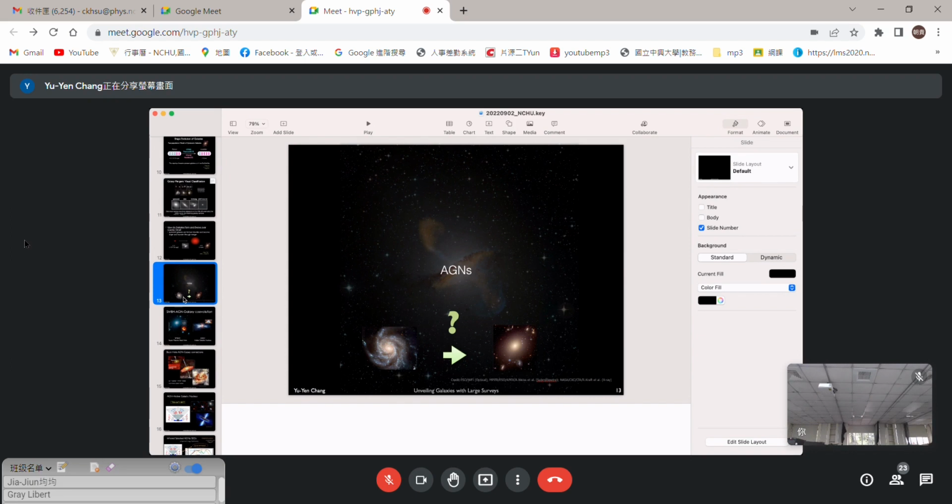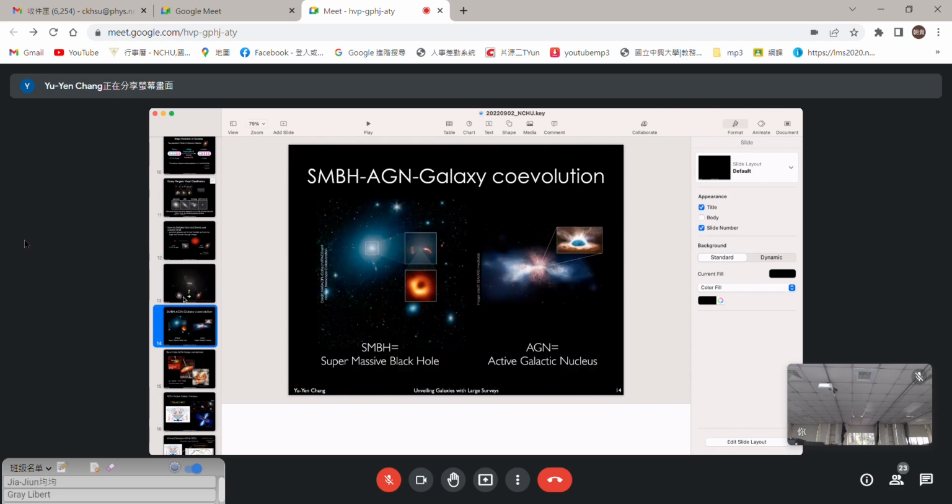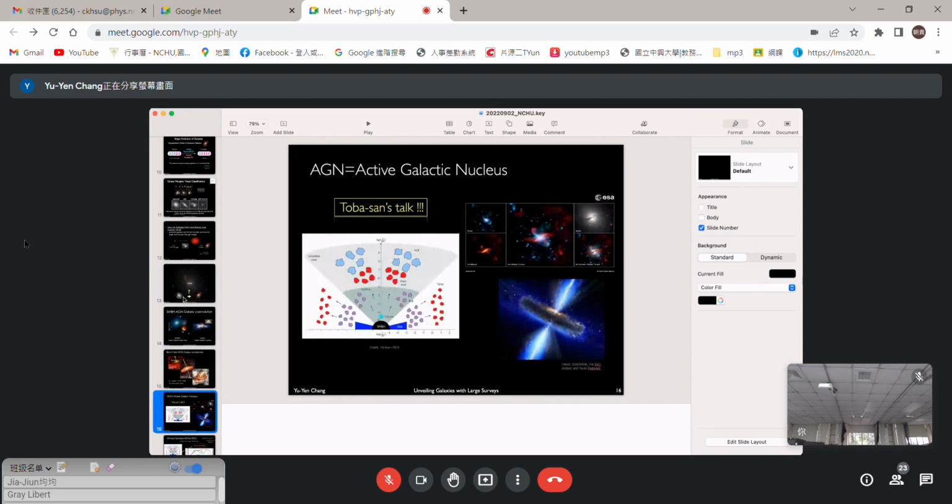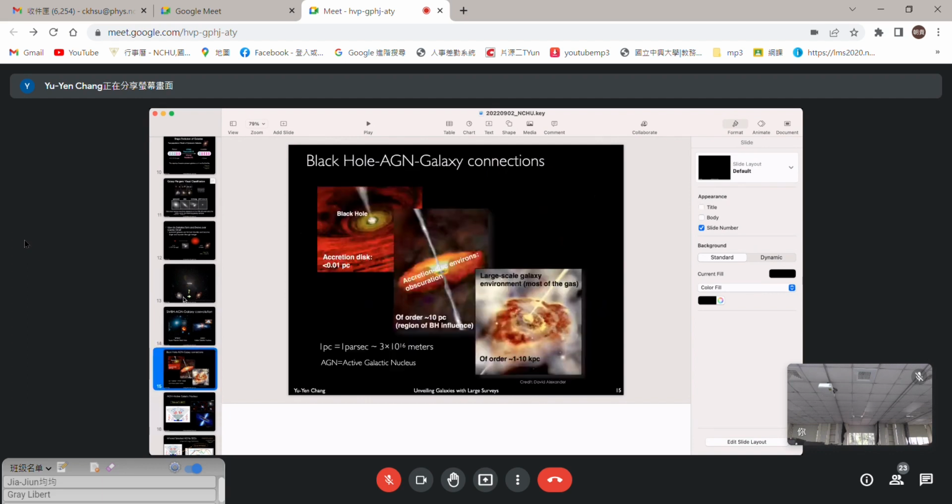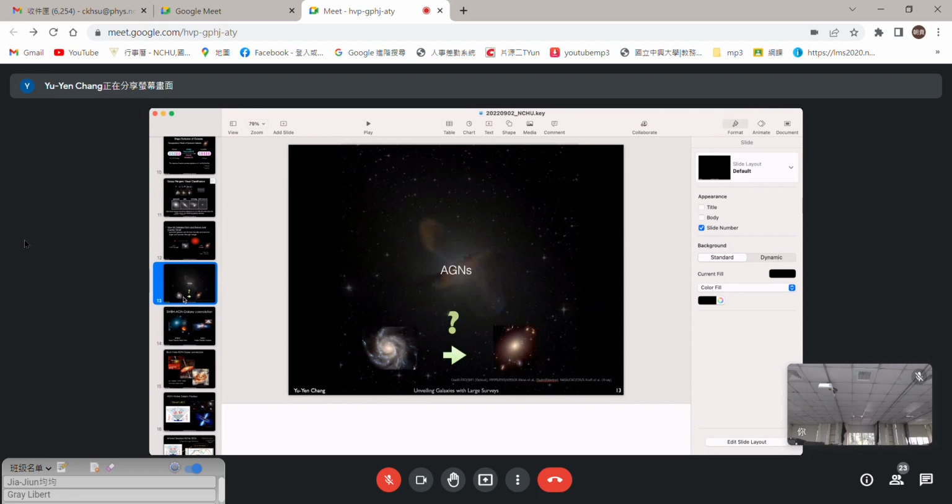Especially in theory, the outflow or jets from an AGN may have feedback that stops star formation and makes star-forming galaxies become quiescent galaxies. It's a very useful scenario if people want to explain the inconsistency between observation and theory. But still, we cannot say it's the truth. It's just one possibility.